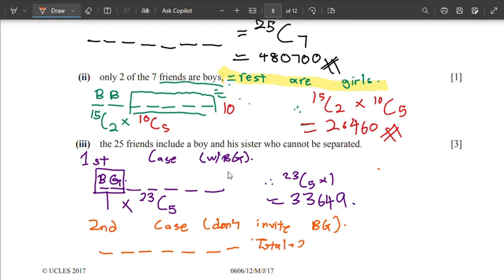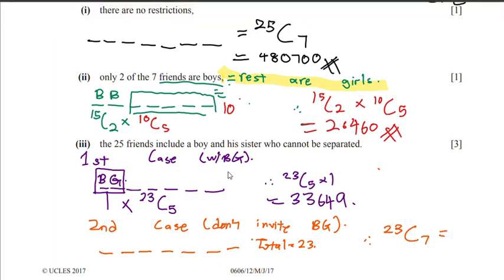So I don't invite the boy and the girl. So it's going to be 23C7. So 23C7. 245157.